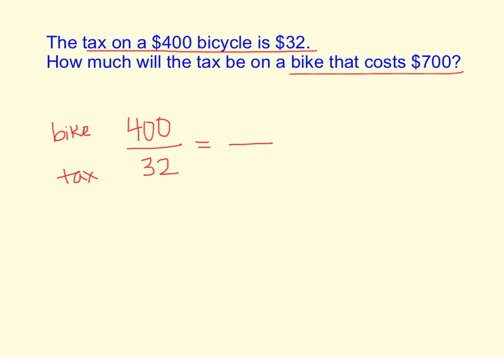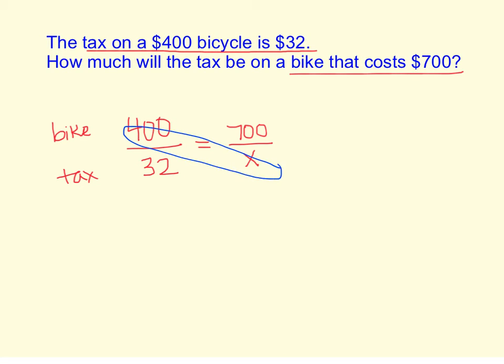So I just have to make sure to put that $700 bike across from the other bike. So the 700 goes up here. What we're looking for is the tax, so our unknown tax will be right here, across from the tax. Now I noticed that the variable is in the same spot as our last one. That's just coincidence. I was lining up the units going across my proportion.